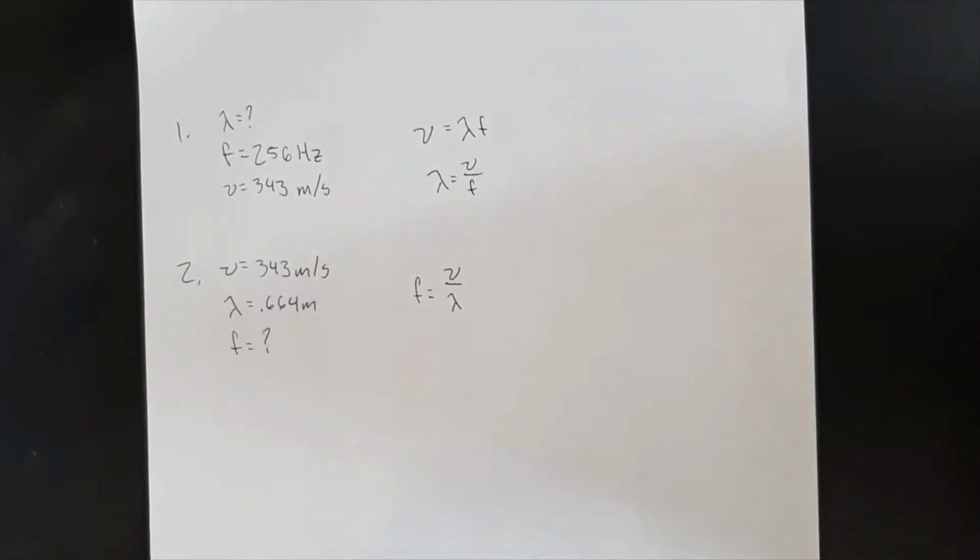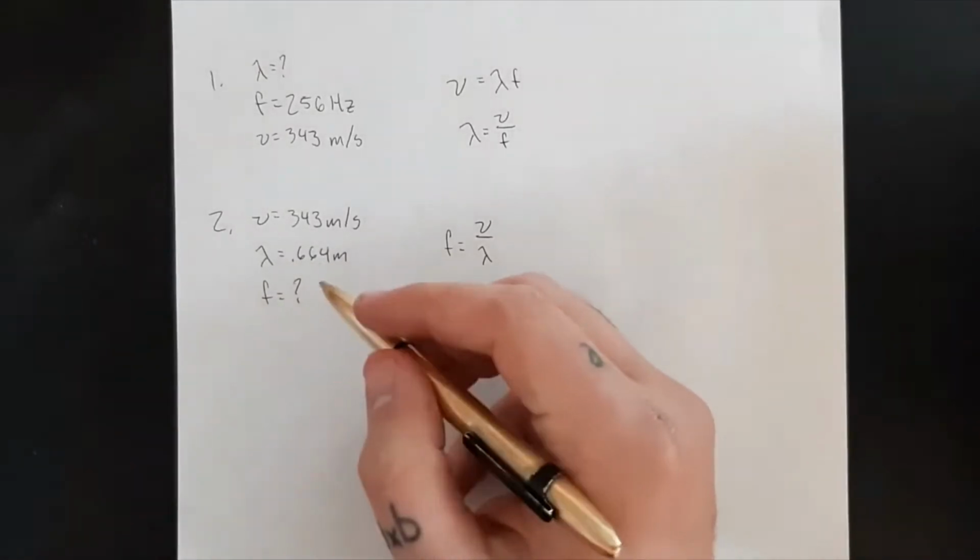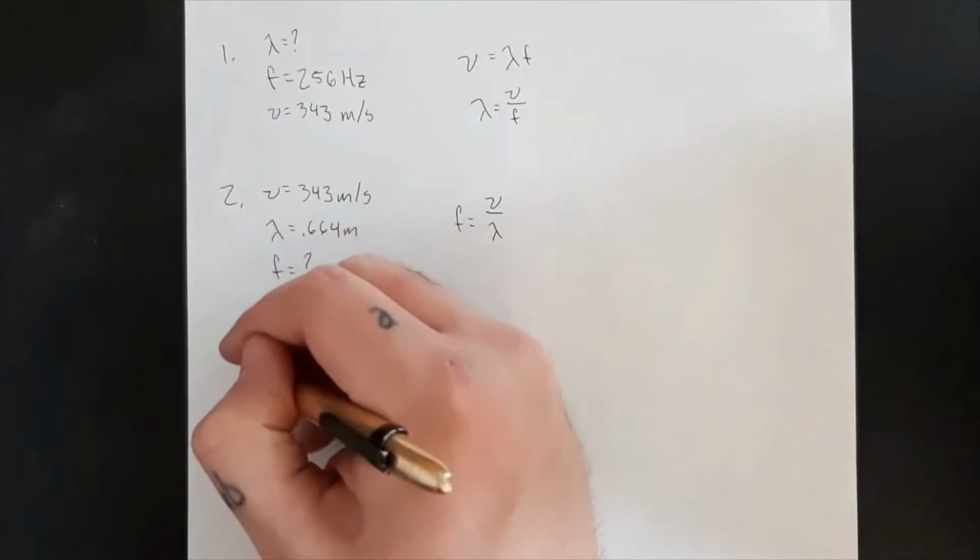Do it yourself. Now we've got a sound wave with a frequency of 125 hertz and a wavelength of 2.8 meters, and it's asking us to figure out the speed. Since it's actually giving us numbers, we can calculate our wave speed, and we're not just going to use 343.